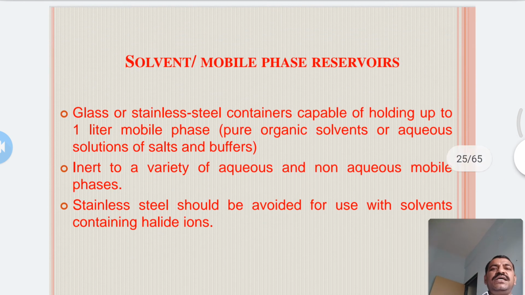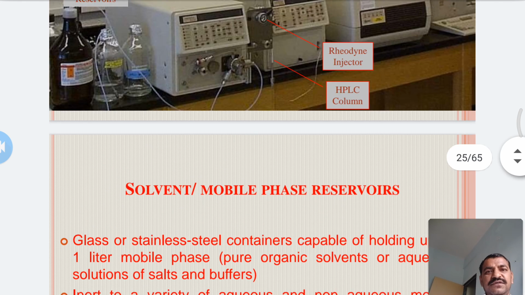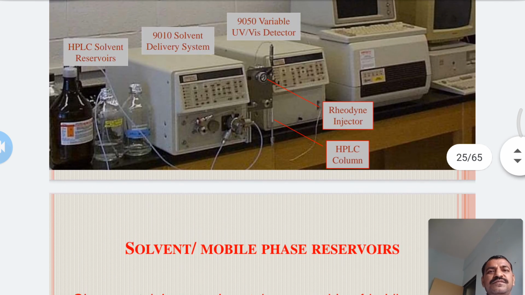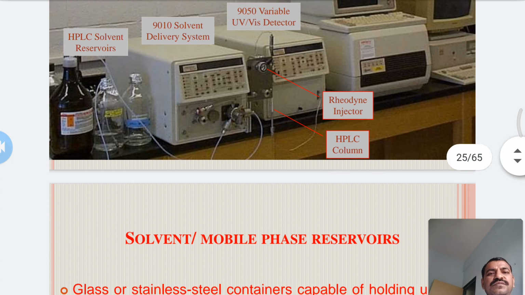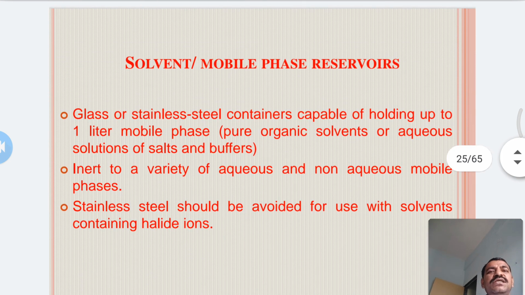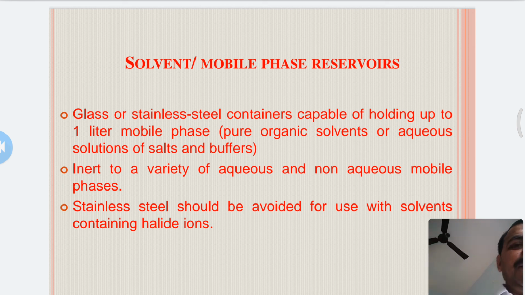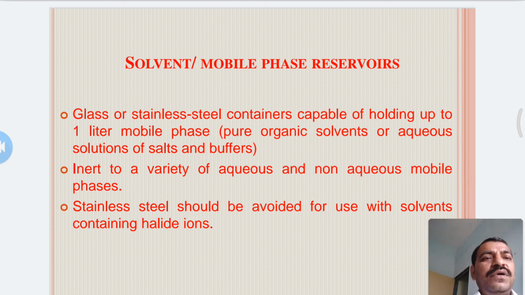First, we discuss the solvent or mobile phase reservoir. There are different types of solvents present here. This reservoir is a glass or stainless steel container capable of holding up to 1 liter of mobile phase.